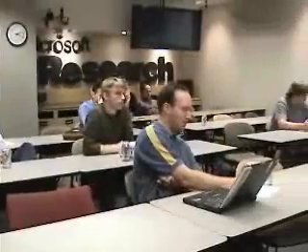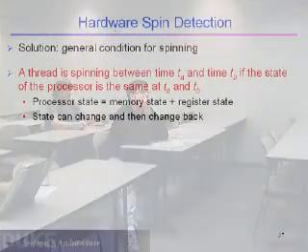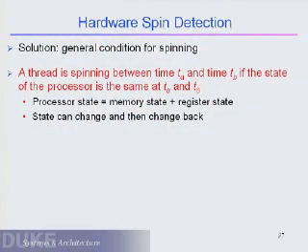All right, so as I mentioned, there are problems with software implementation. That's exactly why we want to design a generic hardware framework to detect spinning. Now the challenge, however, is that the hardware doesn't know anything about a spin loop. So our solution here is to define a general condition for spinning.